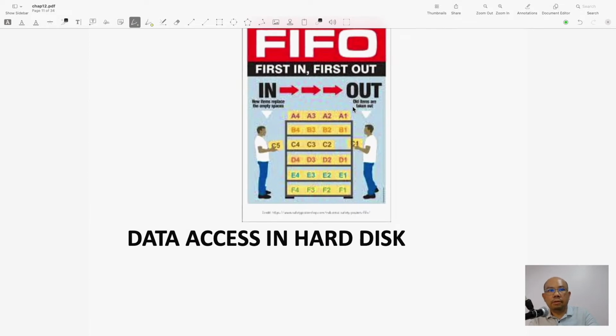Here we will talk about the next topic, data access in the hard drive. Now we will look at the hard drive. When you buy a hard drive or hard disk, you don't know about the inside of the hard drive. In the market, when you go to the computer shop to buy a hard disk, the seller will ask you the type of hard disk that you install in the system.